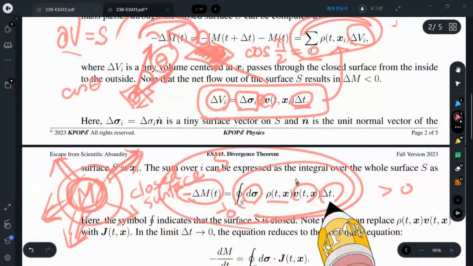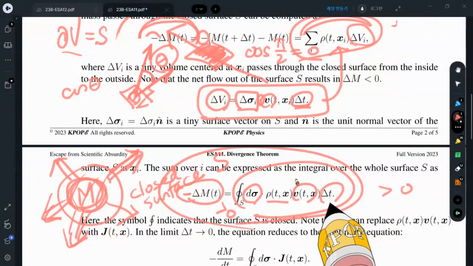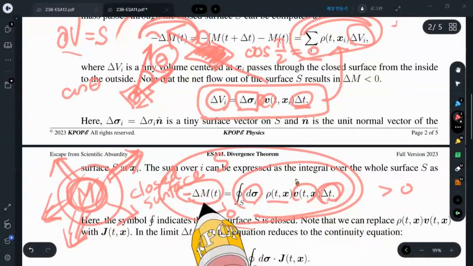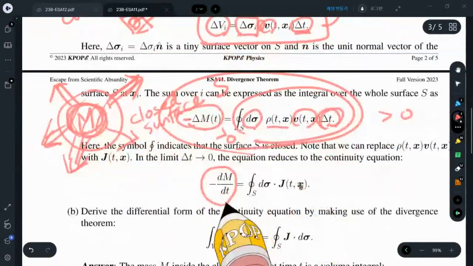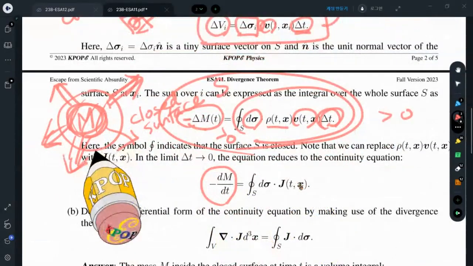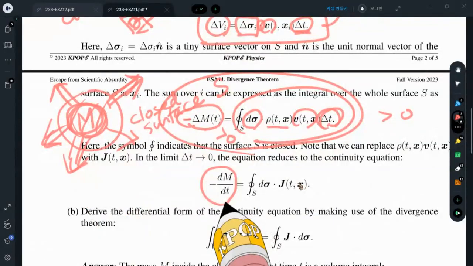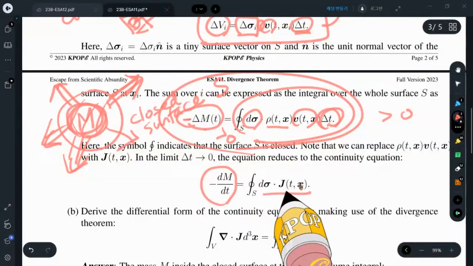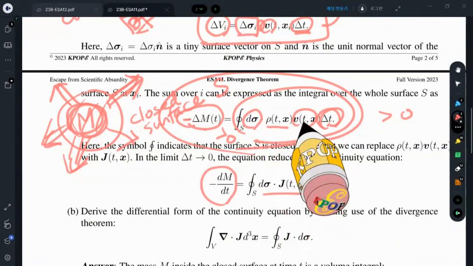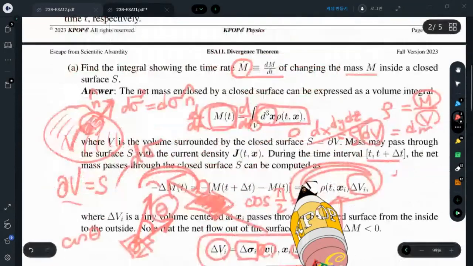And we take the limit as delta t goes to 0. Then we can divide both sides to make this the time derivative of total mass inside the closed surface, which is the integral of this sigma dot rho v.